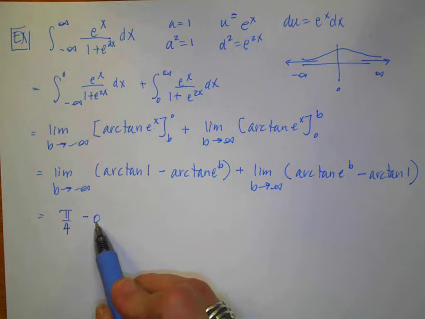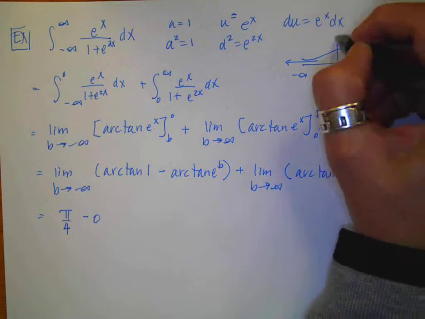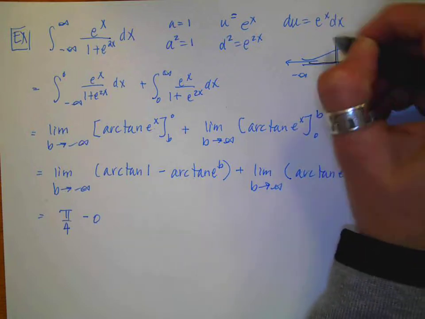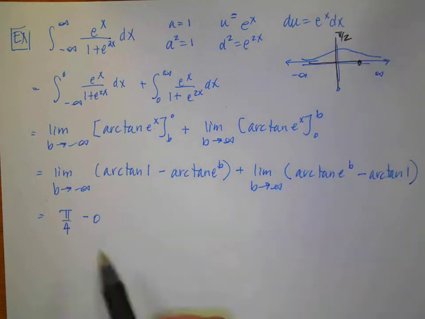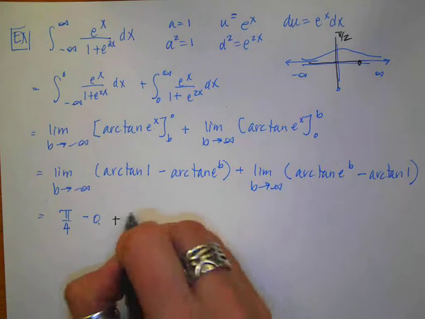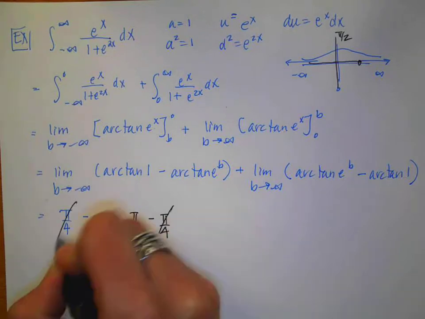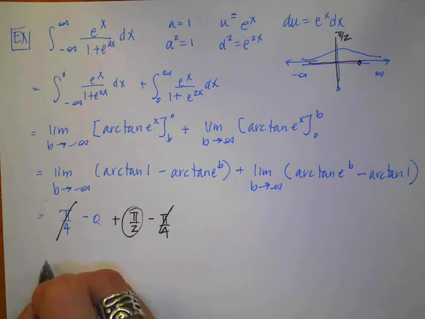The arc tangent of e to the b is going to be the smallest value in the first quadrant, right? Because if you think about it, let's say I superimpose my unit circle, 0 and pi over 2, so it's going to be minus 0, that's my smallest value, and then plus arc tangent, the largest value, pi over 2 minus pi over 4.